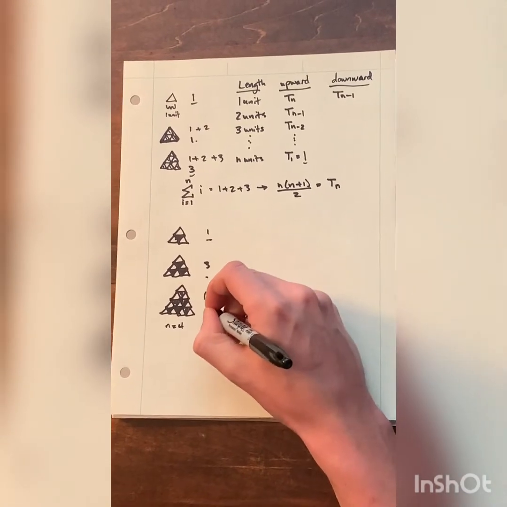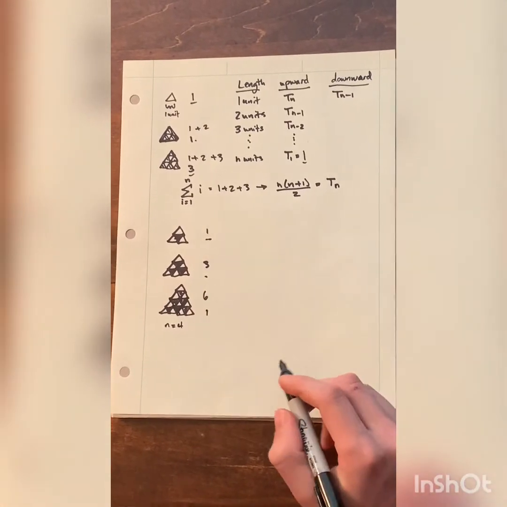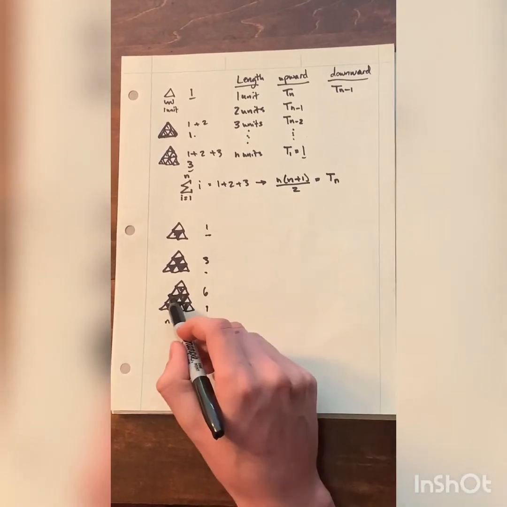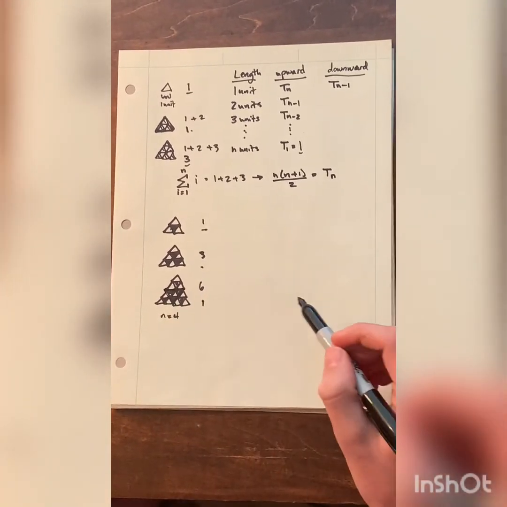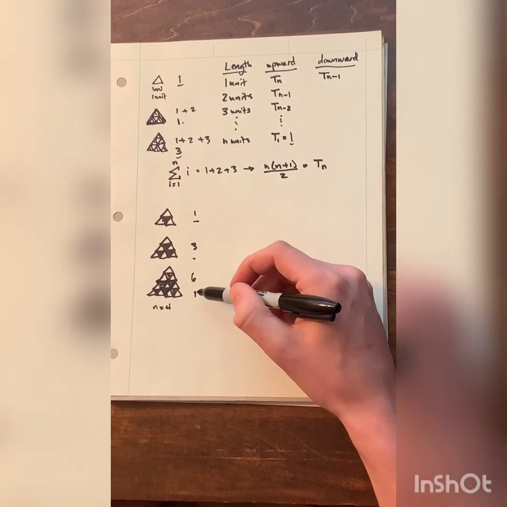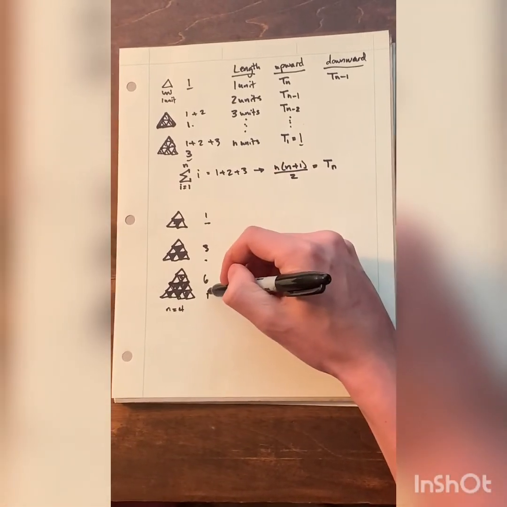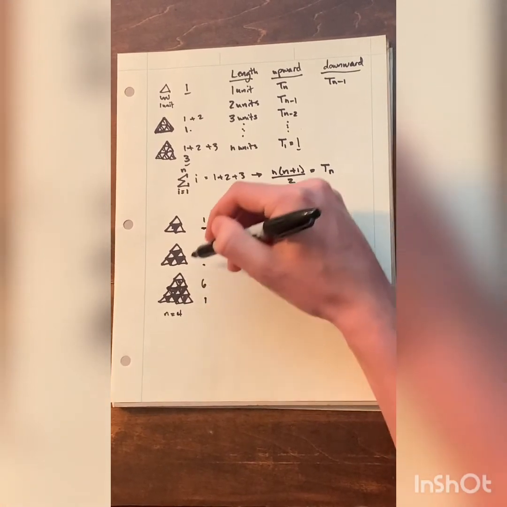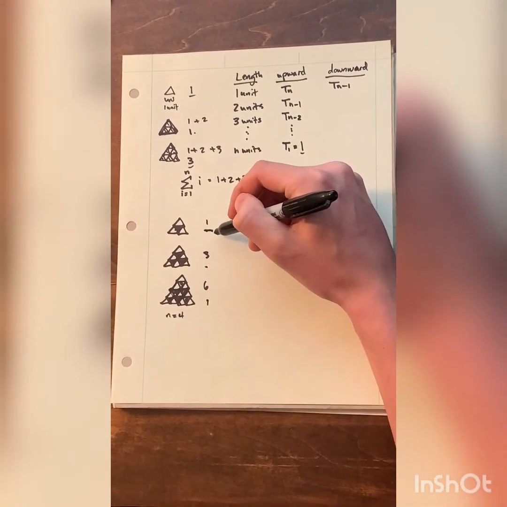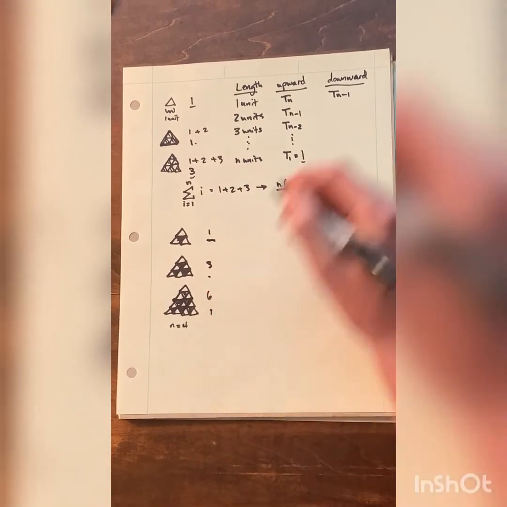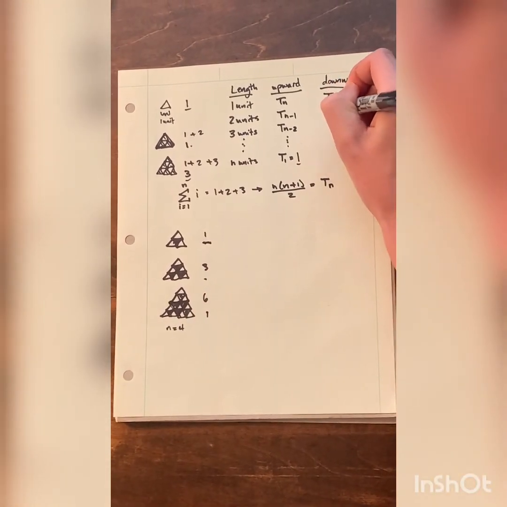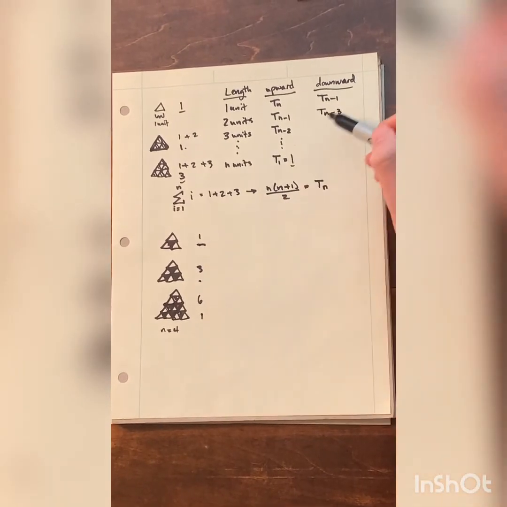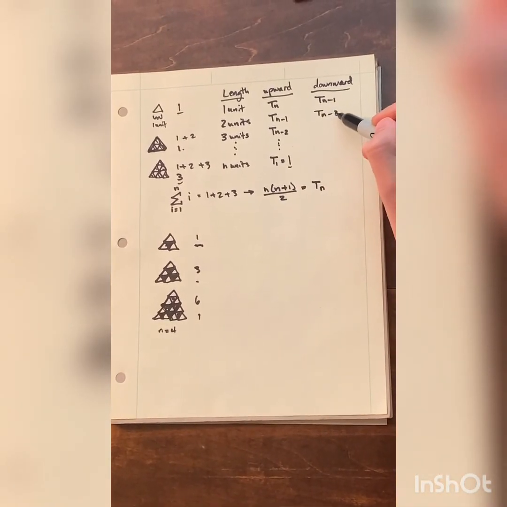So we can make one triangle that is downward facing and 2 units in length. That is also equal to this number, which is 2 triangle numbers smaller than this one. So it's equal to t sub n minus 3, because relative to this one it is two smaller.